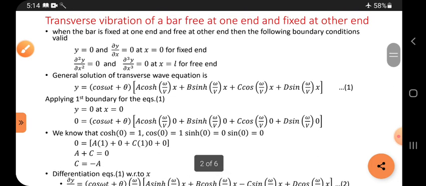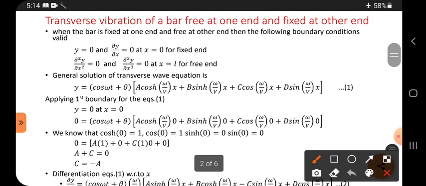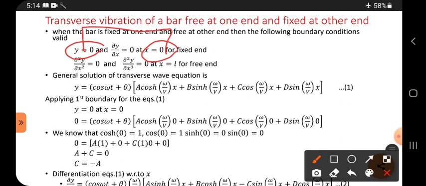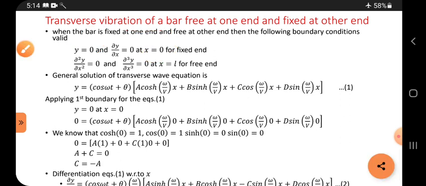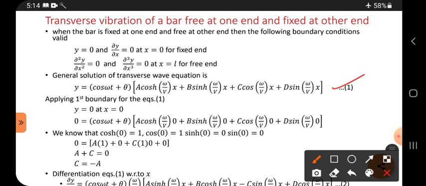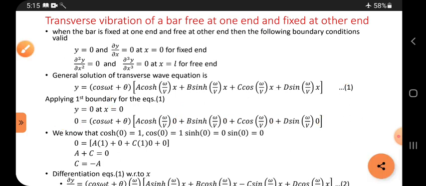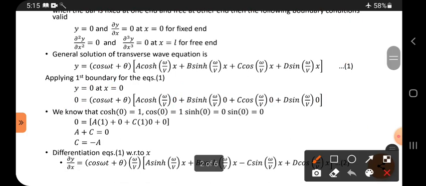So I am going to apply the first boundary condition: y equals 0 at x equals 0. Substitute directly in equation 1. Wherever x appears, it is 0, so we get cos 0, sin 0, and so on.